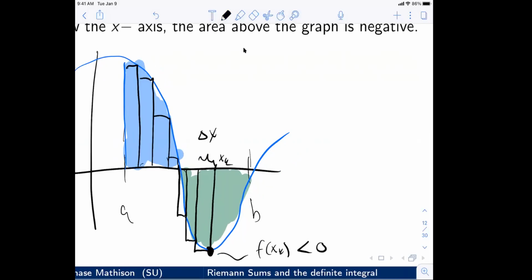So when we add up all the areas of a bunch of small rectangles, they're going to take care of themselves as far as the sign of the area is concerned, right? Because when I find the area of this rectangle, I'm going to get delta x times f of xk, just like we did before. This is positive, and this is negative. So when I find the area of a rectangle corresponding to where the function is below the x-axis, I'm going to get a negative area, okay?